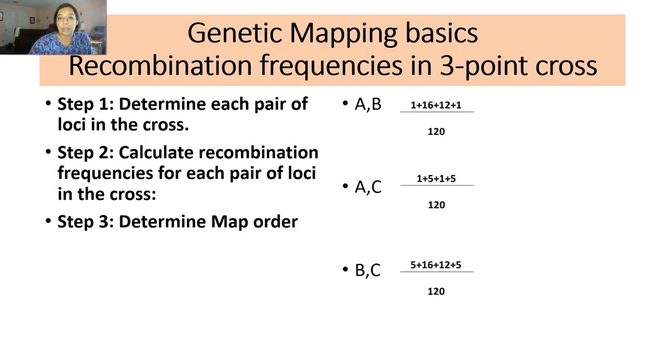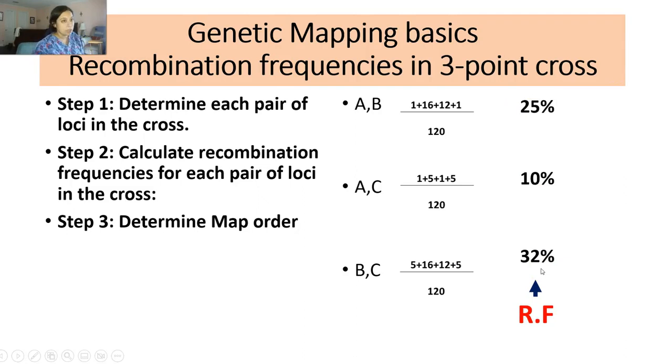By looking at that chart behind, we can look at all the progeny that gave AB as the same, combine those together, and then divide by the total number of progeny that we had, which is 120. I did that for each one of them, and these would be the numbers for each one, and then I calculated my recombination frequency. My recombination frequencies came out to be 25%, 10%, and 32%.